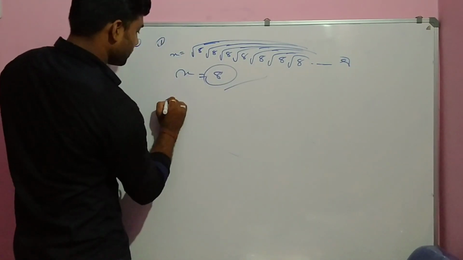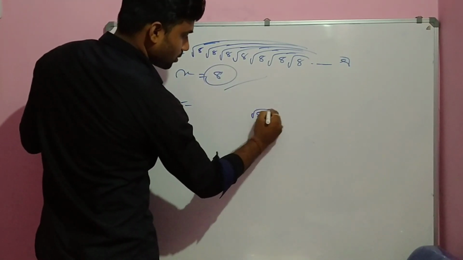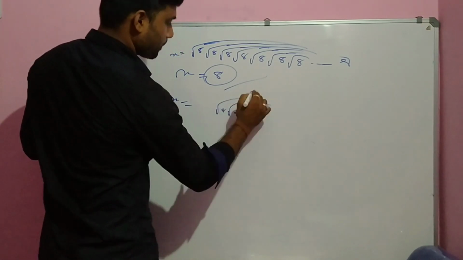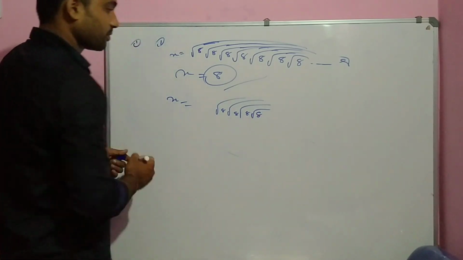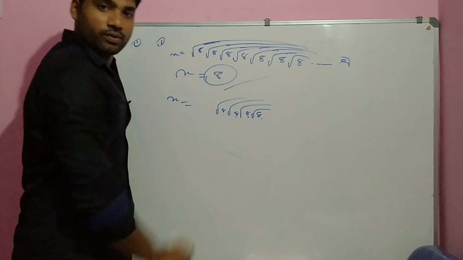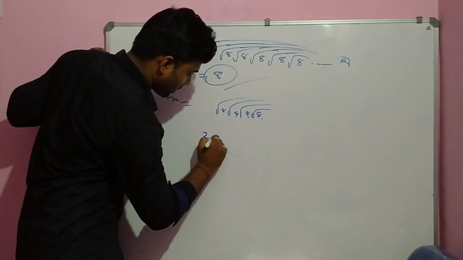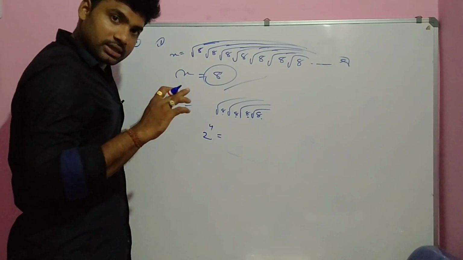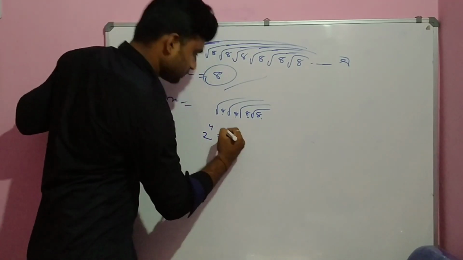If it is not infinite, suppose 4 is given. Find the value of x. How many 8s? 1, 2, 3, 4, so 4 eights. Take 2 to the power 4, which is 16.